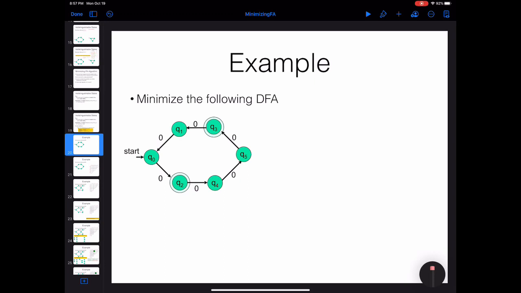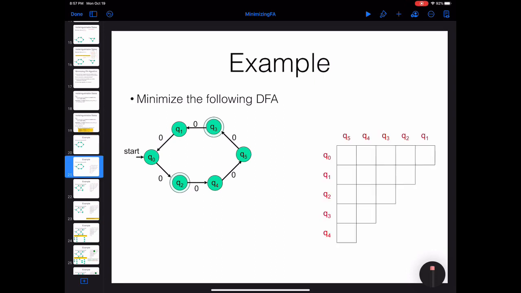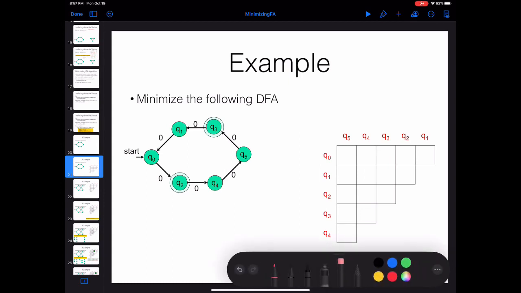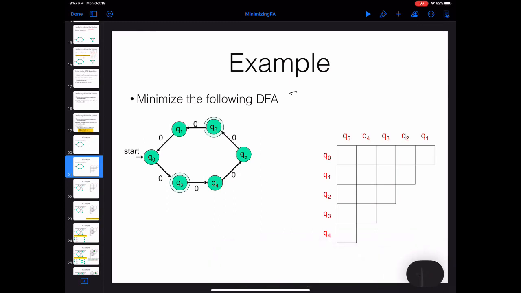So let's look at this example, the last example that we have seen. This is a DFA, and we wanted to minimize it. I probably need to add here that we know the alphabet is going to be only one character, 0.